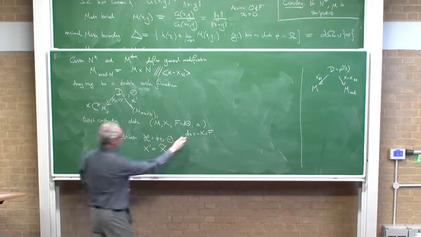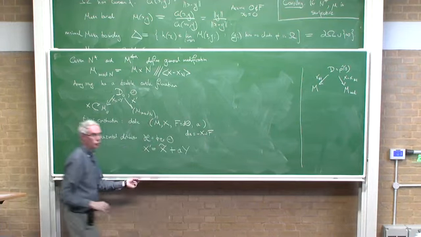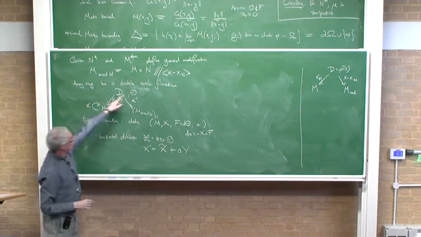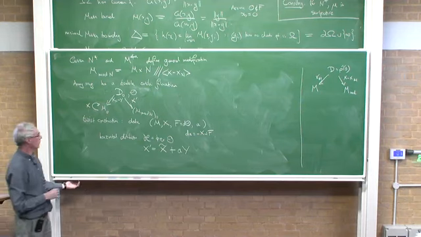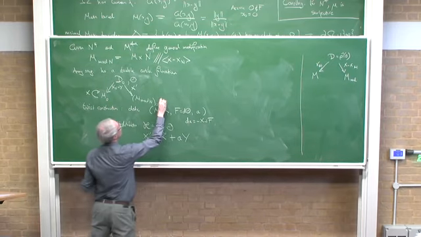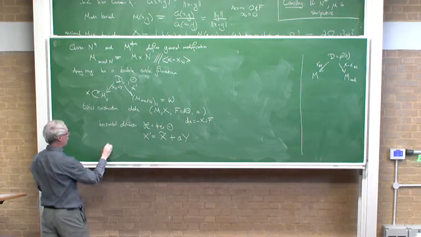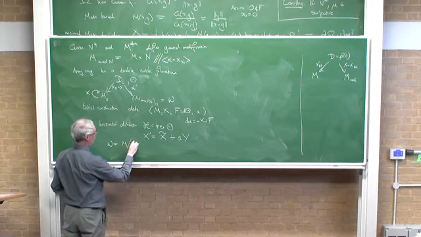And A is how much Y you have to add to it to get something that preserves theta. And then you put W to be the quotient.